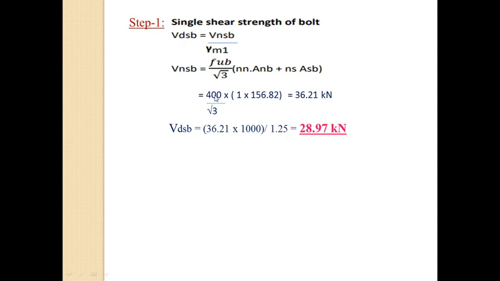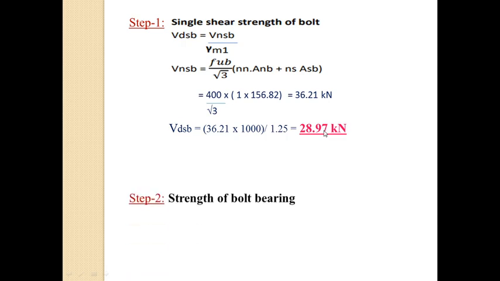FUB we know is 400 Newton per mm square, and ANB we calculated in the earlier step, that is 156.82. So VDSB is equal to VNSB divided by gamma m1 or gamma mb, that is 1.25. So we get the single shear strength of bolt as 28.97 kilonewton.